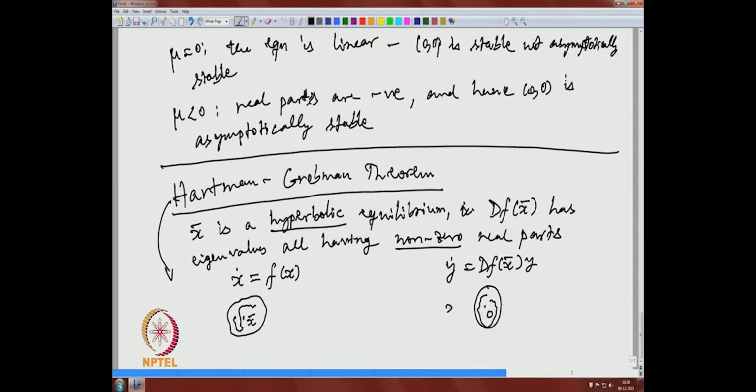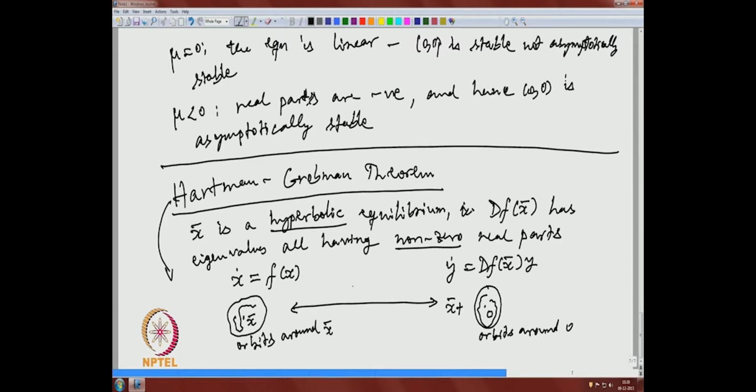So, you just add x bar here, the orbits around x bar and the orbits around 0 of this linearized system, add x bar to that.